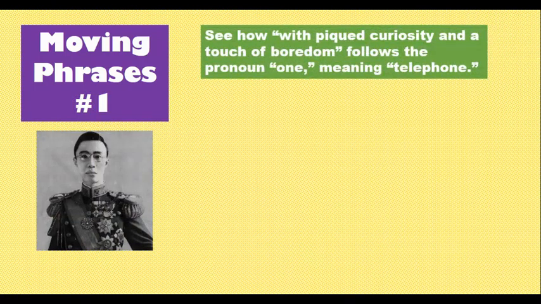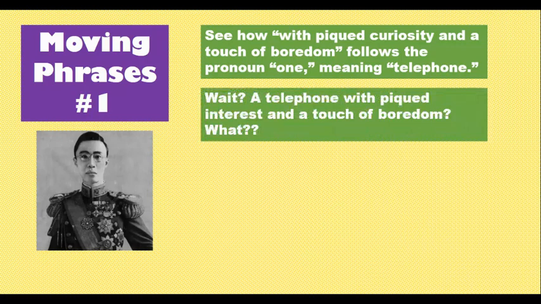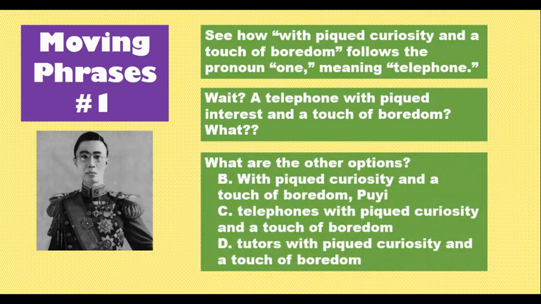So here's number 1, moving a phrase. The line which says, with piqued curiosity and a touch of boredom, follows the pronoun one, which basically means phone or telephone. So the question is, wait a minute, the telephone had piqued interest and a touch of boredom? That doesn't make any sense at all. So we have to figure out, okay, then who was piqued with curiosity?